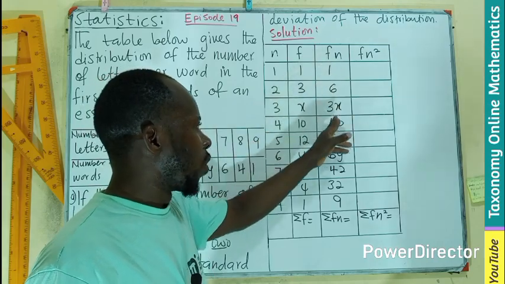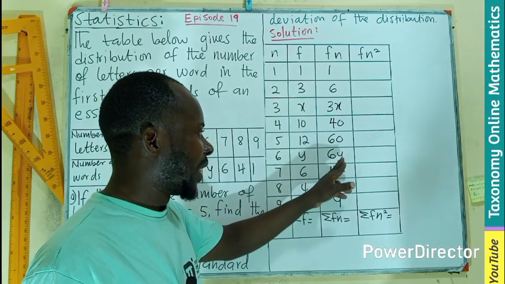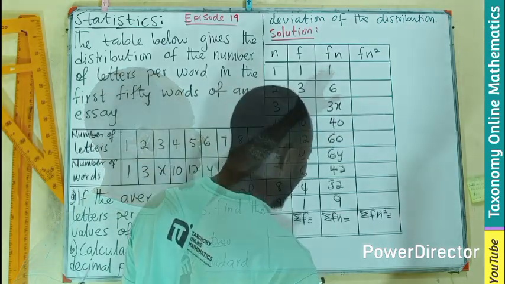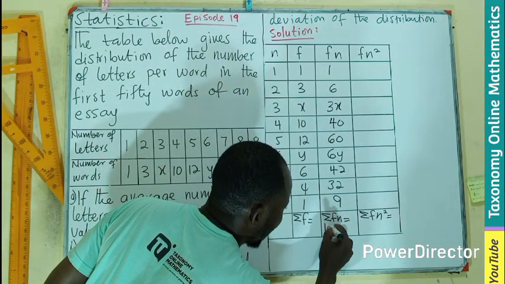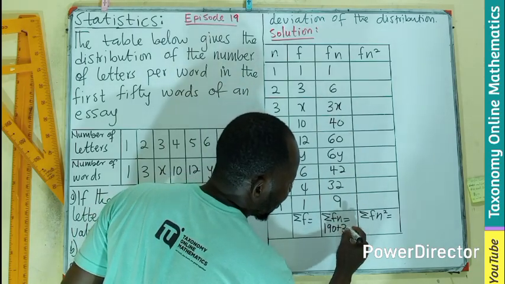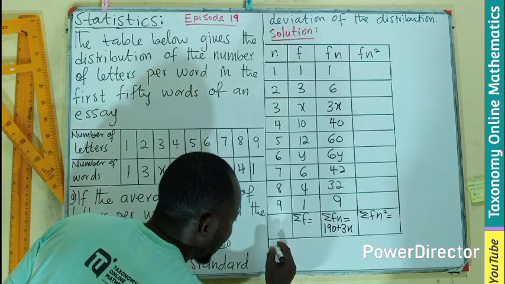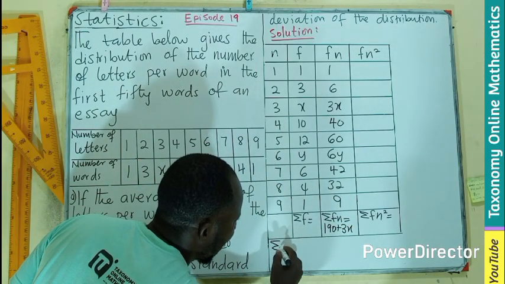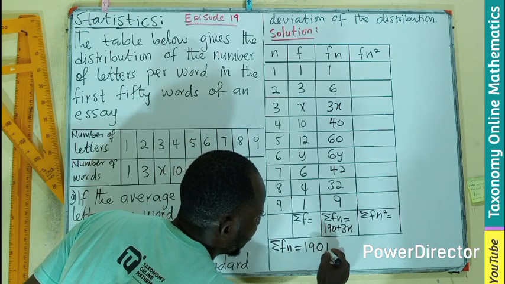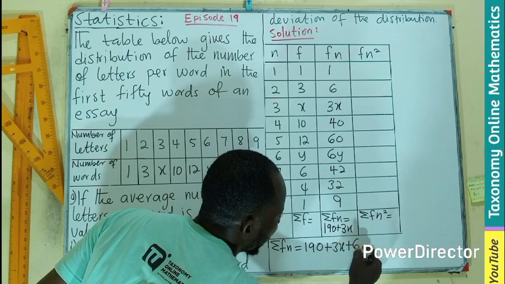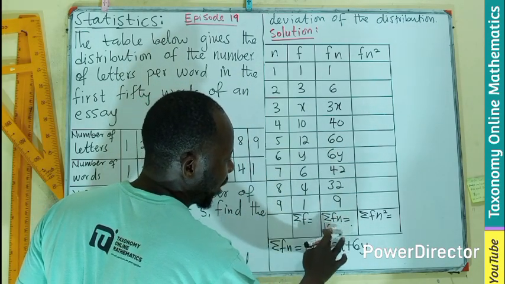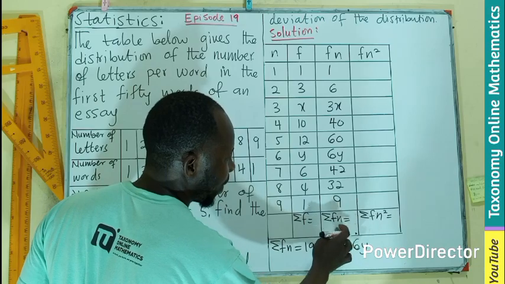If we add all of this, leaving out the 3x and the 6y, we get 190. Let me write this here. Sigma fn will be 190 plus 3x plus 6y, because these two variables are unknown. So let's leave a space here.